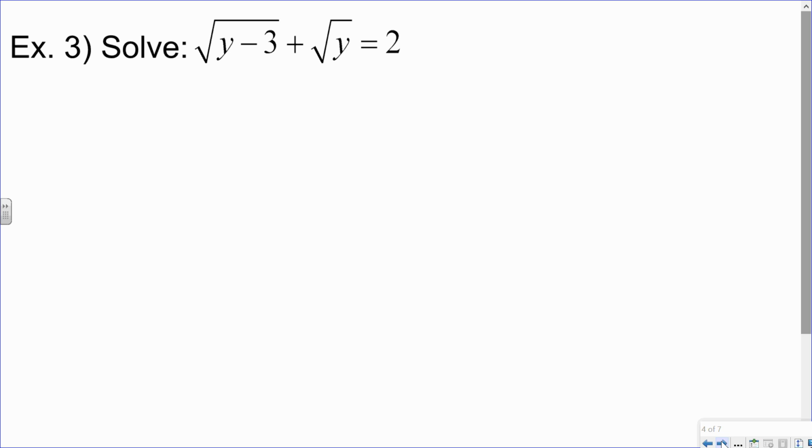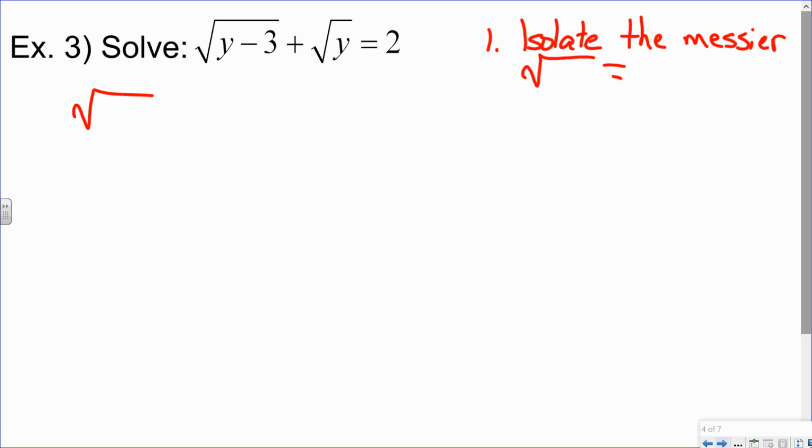Okay, so what we want to do is to isolate the messier square root. So in this case, we will have the square root of y minus 3 equals 2 minus root y.